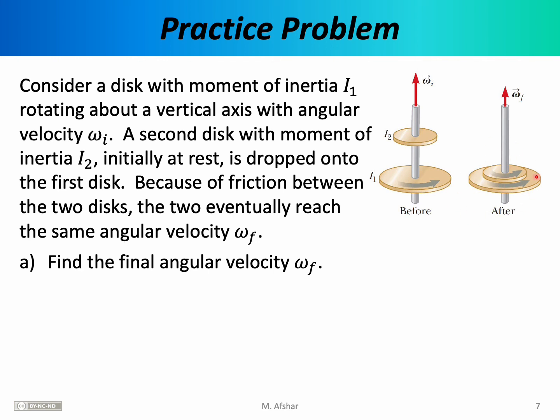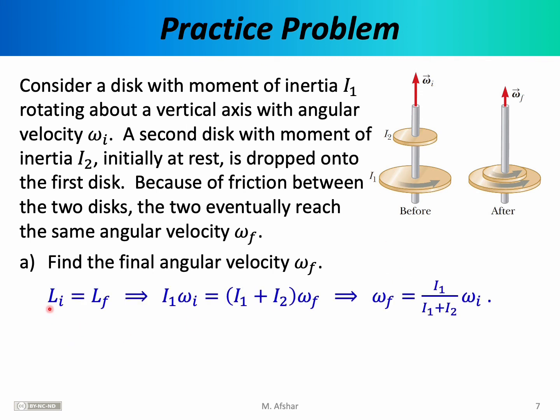We want to know what that final intermediate speed of the two disk system is going to be. Recall from chapter 9 that we used conservation of linear momentum to deal with linear collision problems, so it shouldn't be any surprise that in this case we're going to use conservation of angular momentum because we're essentially talking about an angular collision problem.